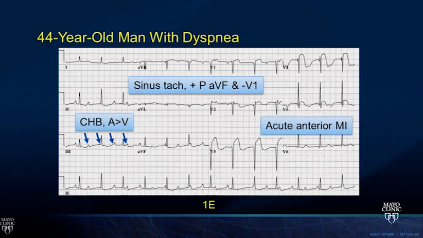AV dissociation, no. I won't ask who asked that question because I can't see it, but no, because the P wave activity, the atrial activity, is faster than the ventricular activity.